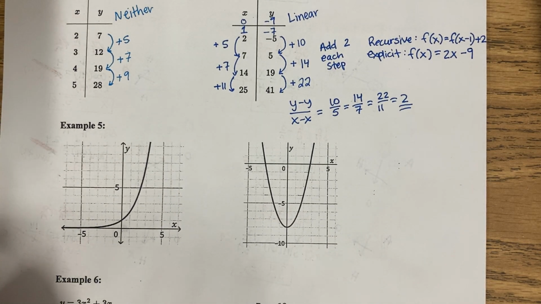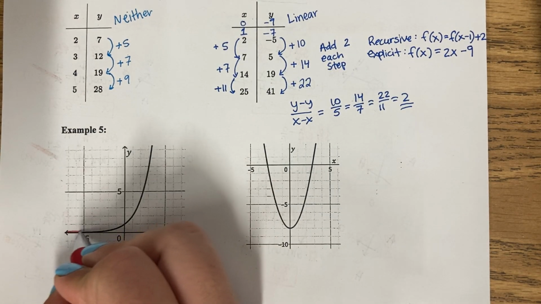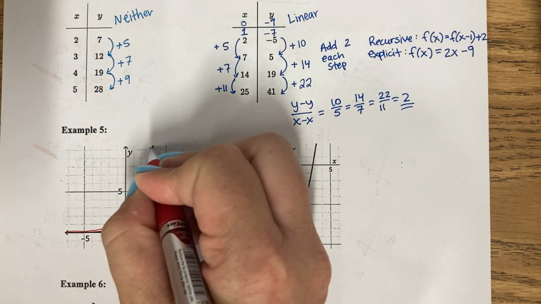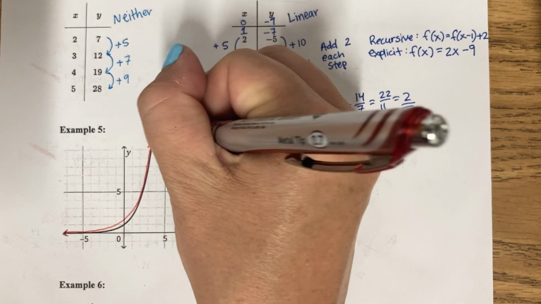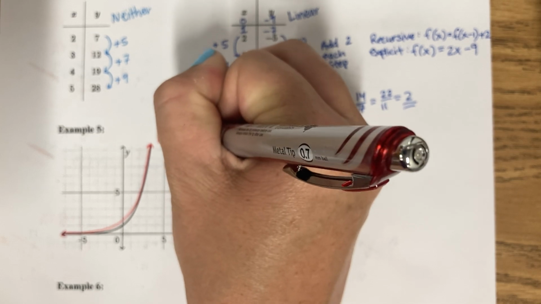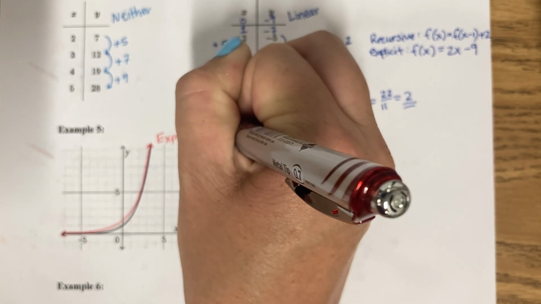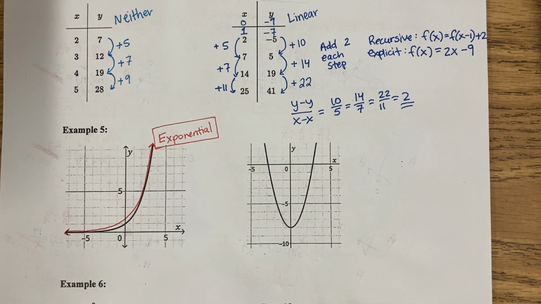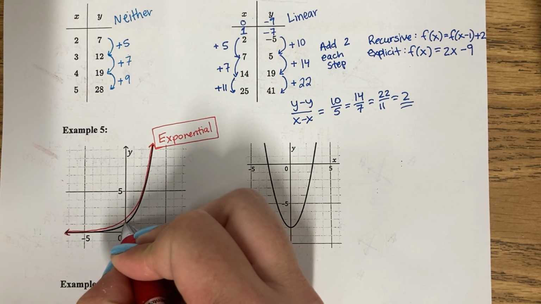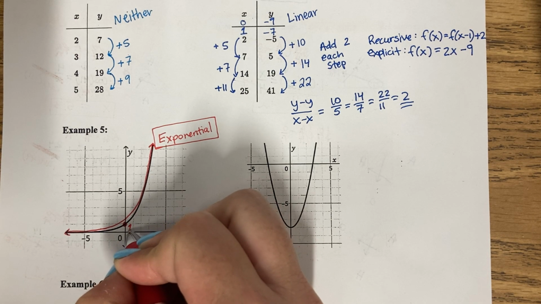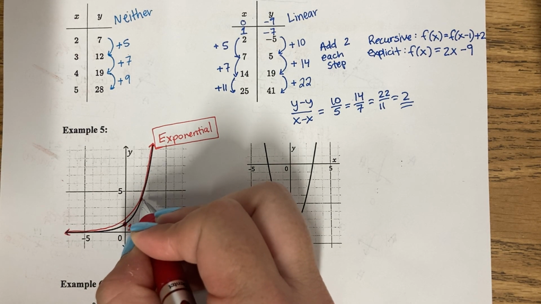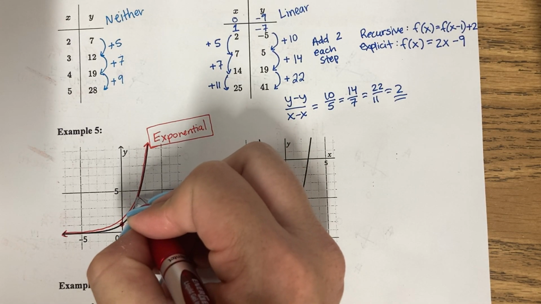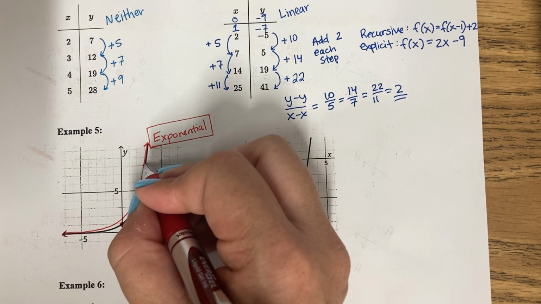Example 5, we're given a graph. It is curving. This is called exponential. And if I have to make an equation for it, this is at 1, and then it's at 4, and then it's at 8.